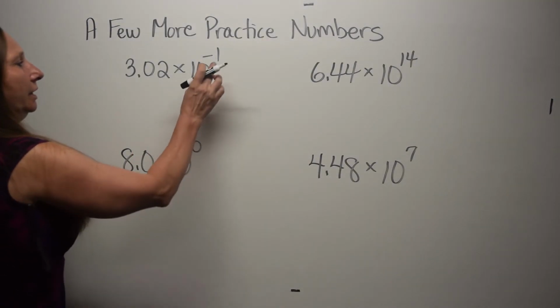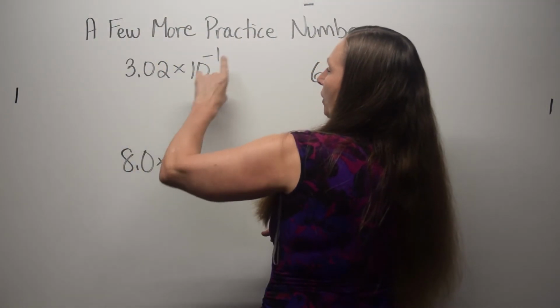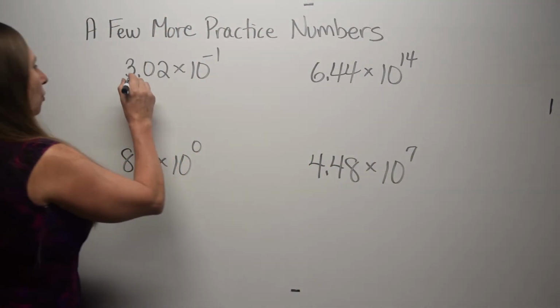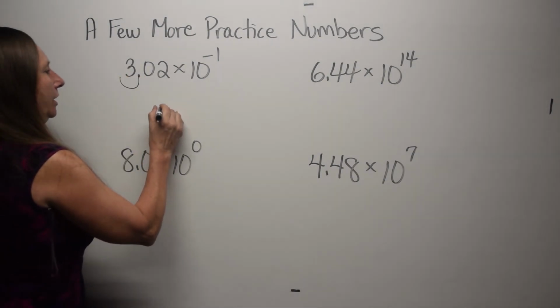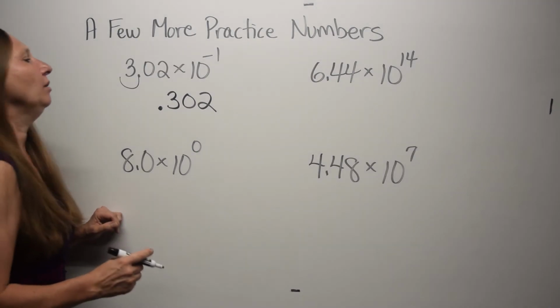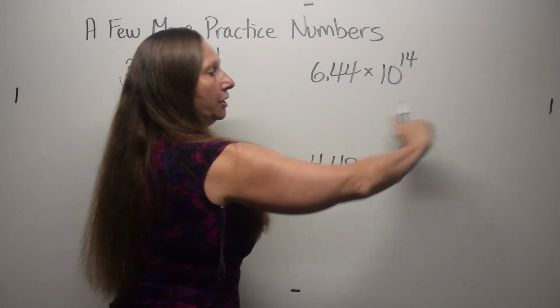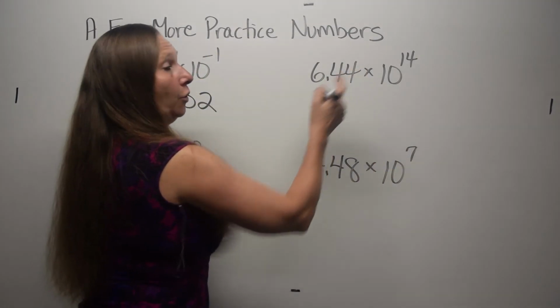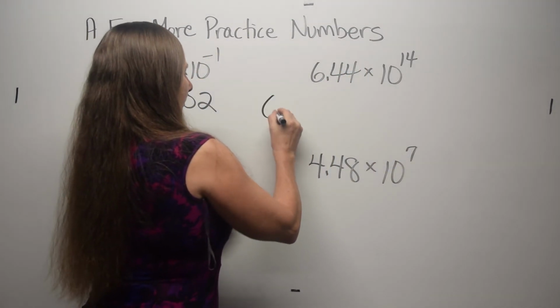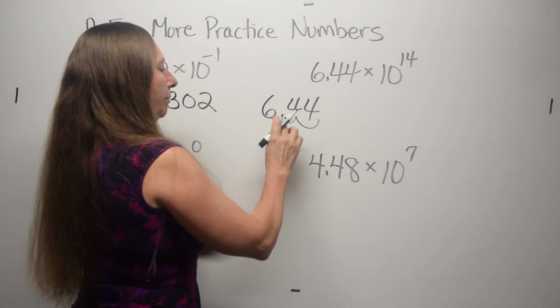Okay, so negative exponent, the decimal is going to go that way 1 jump. So 1 jump, it's going to be 0.302. Okay? Positive exponent, it's going to be a big number. The decimal has to go that way. 14 jumps. 6.44, so we've got 2 jumps.